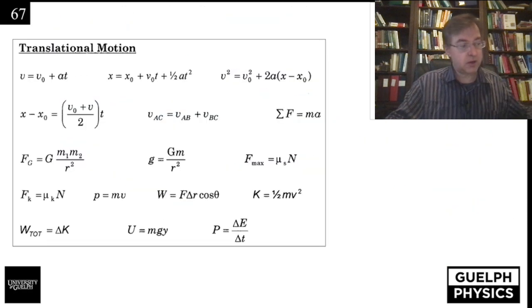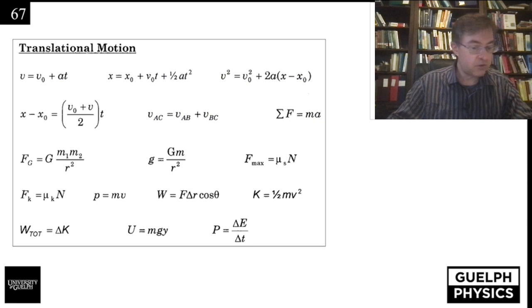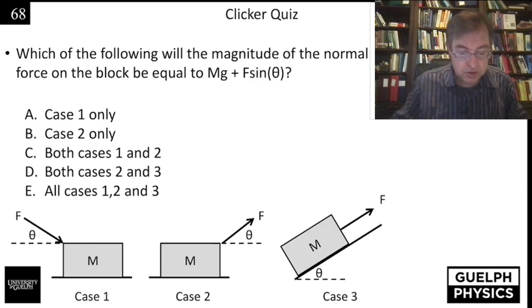Okay, so let's move on and do a few problems involving translational motion. Here's a problem where you have a block on a plane, and the question is, under which of the following will the magnitude of the normal force be equal to mg plus F sine theta?